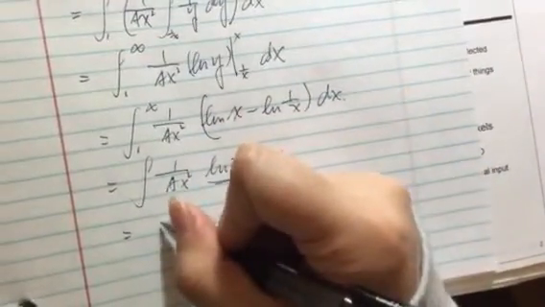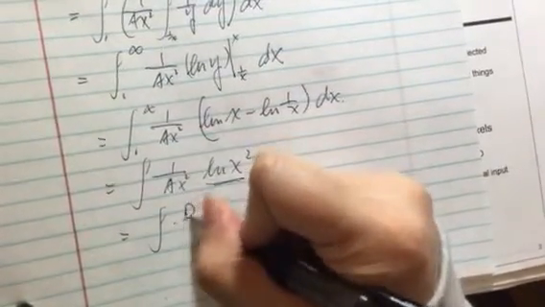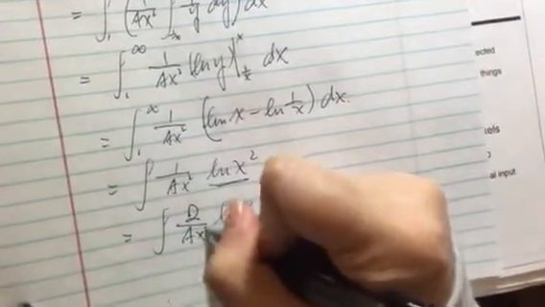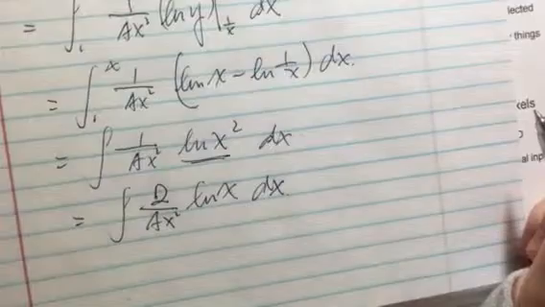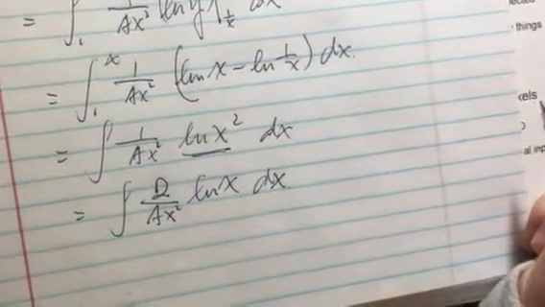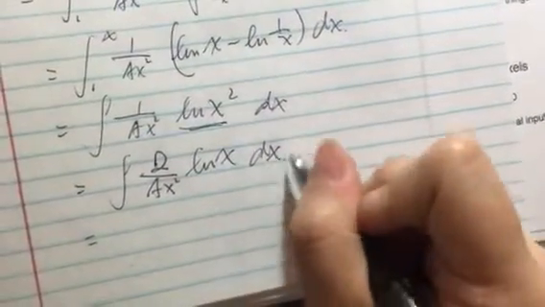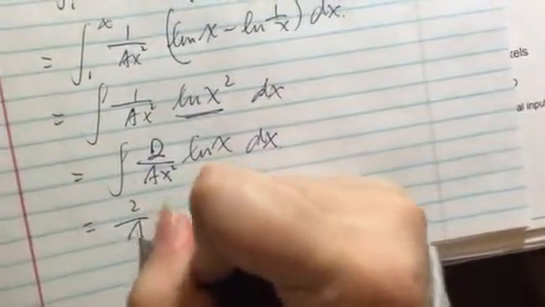And this can also be written as 2 natural log x, over a x squared dx. And now in this integral, x is the only variable, and we can think of 2 over a as the constant now.